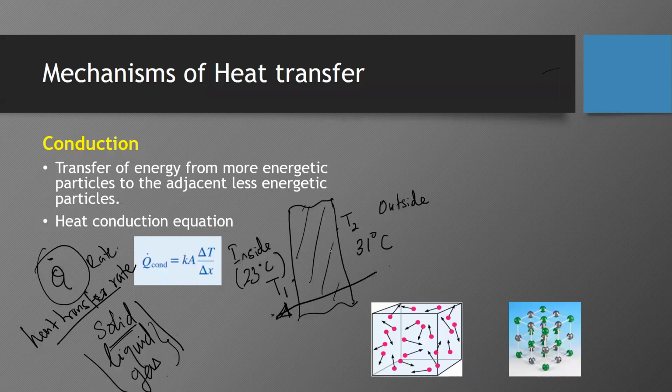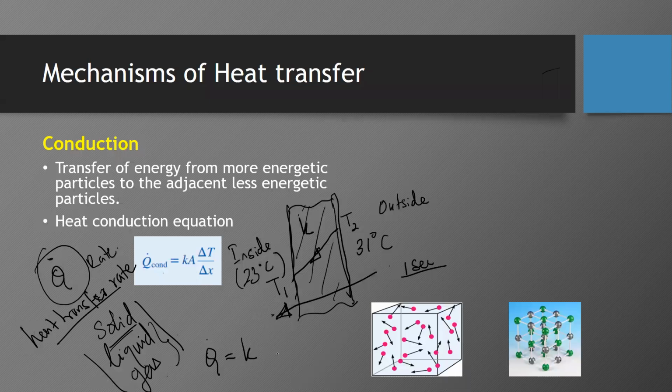So the amount of heat transferred during a unit time, let's say in 1 second, normally unit time we take as 1 second. How much heat is transferred, we can say with Q conduction is equal to K. K is a property of this wall, a conduction property of this wall, and I'll tell you about K later.